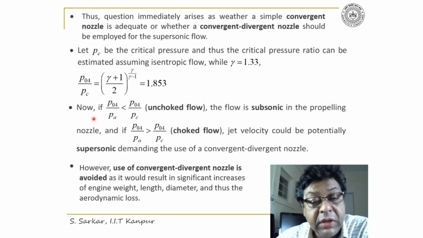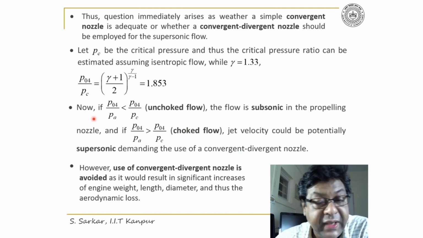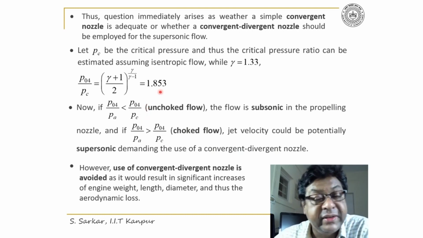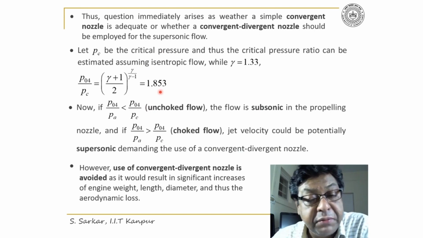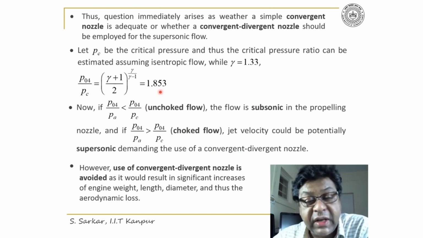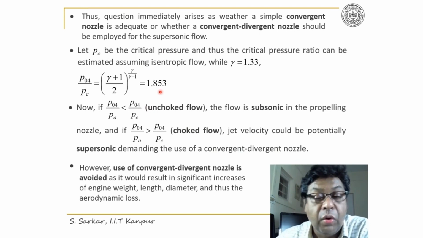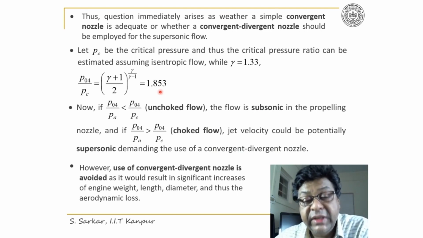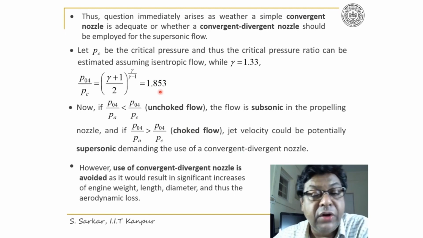Now if P04/Pa is less than P04/Pc, that means the atmospheric pressure is greater than the critical pressure, which is the condition for unchoked flow, then the flow is subsonic in the propelling nozzle.